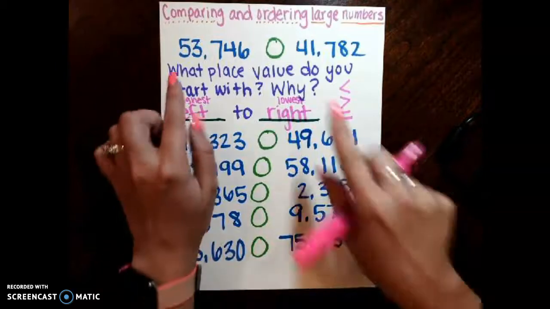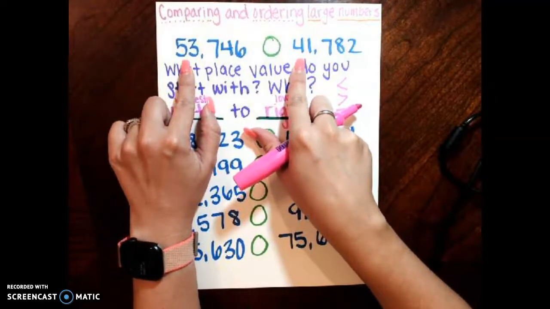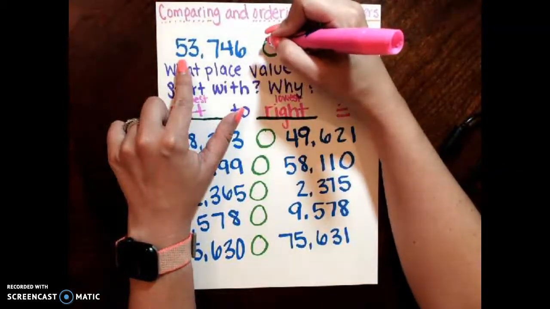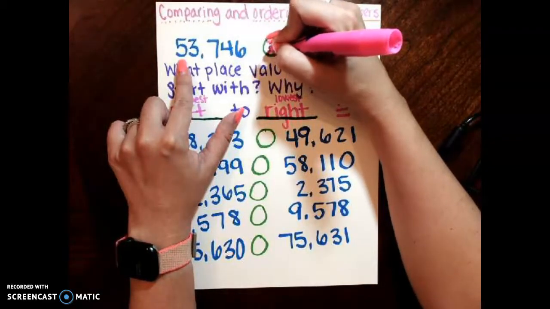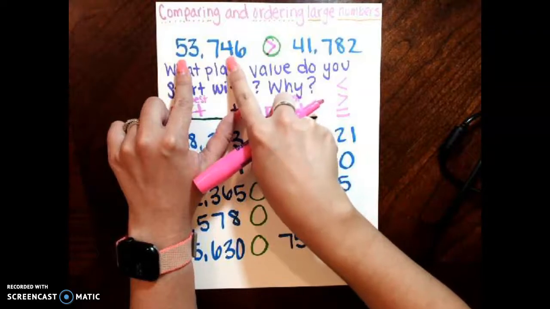So I'm going to look at my highest place value. They both have a 10,000 spot in them. So this one is a 5 and this one is a 4. So I'm going to know right off the bat 5 is greater than 4. The mouth always opens to the larger side and wants to eat more.